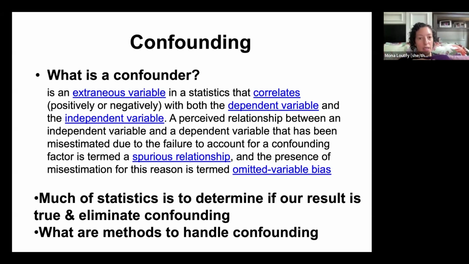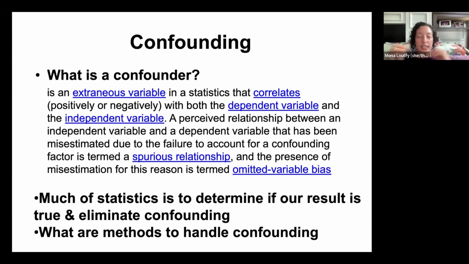When they did their study, do people with yellow fingers have more lung cancer? The answer was yes. So, oh my goodness, we shouldn't have people with yellow fingers. But what was the confounder? Smoking cigarettes. Smoking cigarettes is correlated with yellow fingers, and smoking cigarettes is correlated with the outcome.